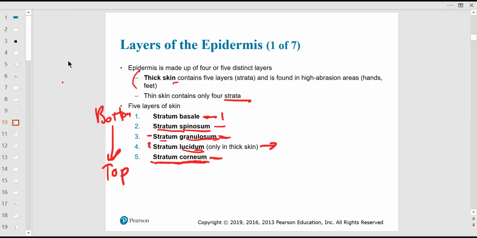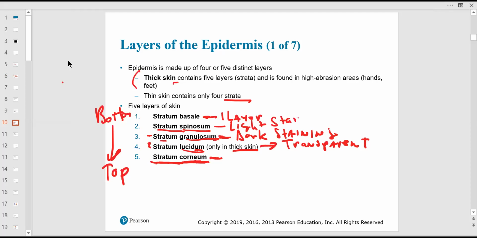Basal is only one layer, too. Lucidum is only in thick skin, palms and soles, and that's transparent. The granulosum is kind of dark staining. And then I just say, okay, everything in between is light staining, is the stratum spinosum.